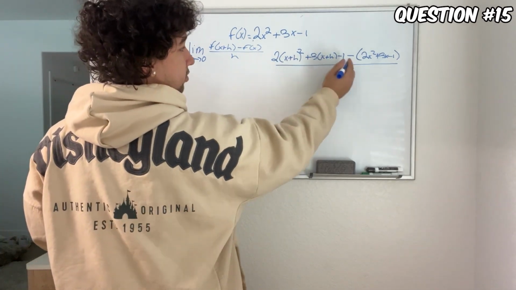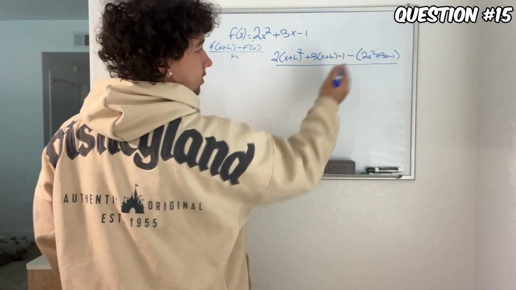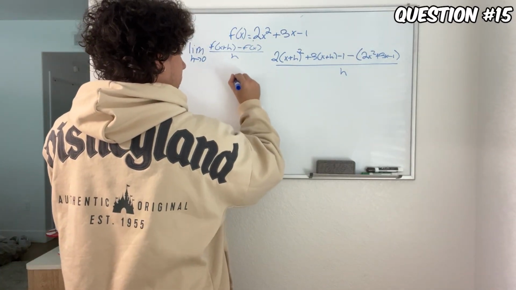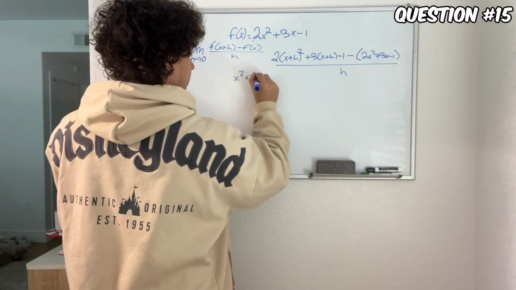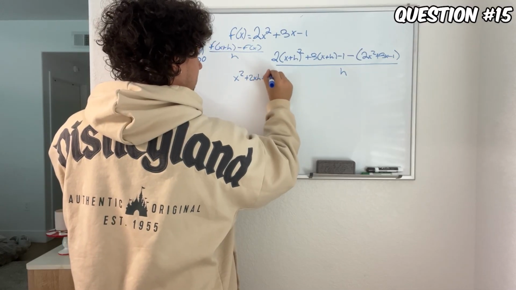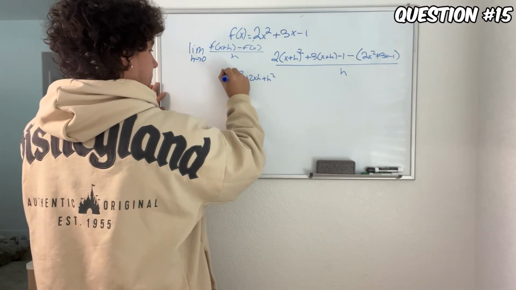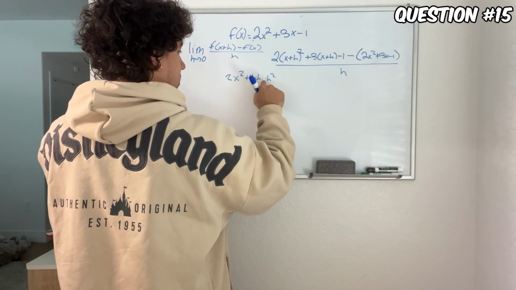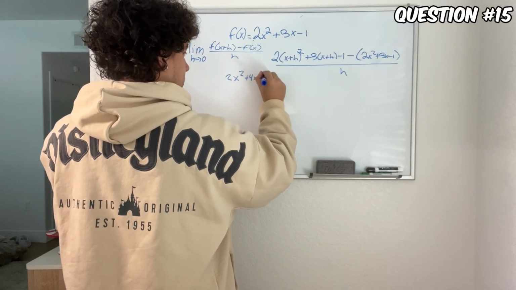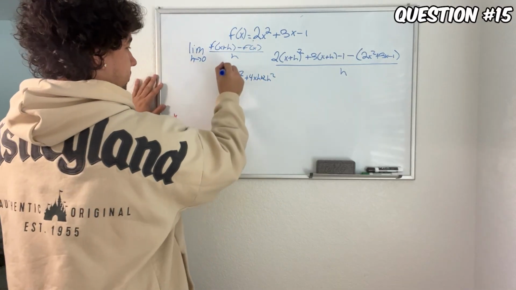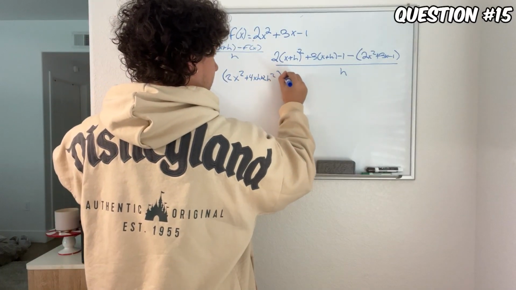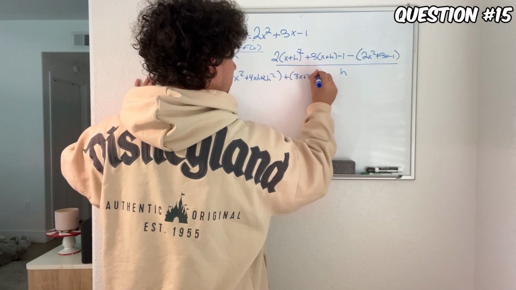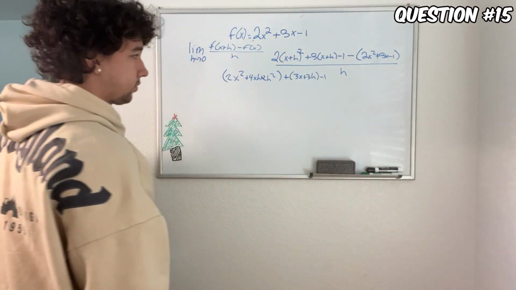We're going to factor and simplify everything out on this side and then do this side, just so I don't jack anything up here. So this is going to be x squared plus 2xh plus h squared. Multiply it by 2. I'm going to get 2x squared plus 4xh plus 2h squared plus, and then 3x plus 3h minus 1.